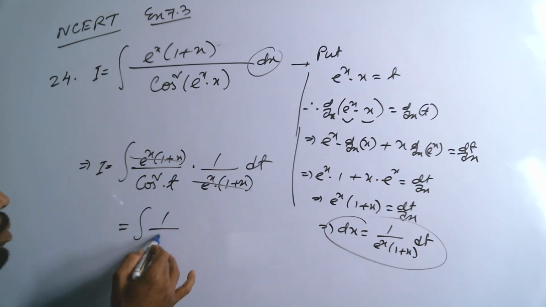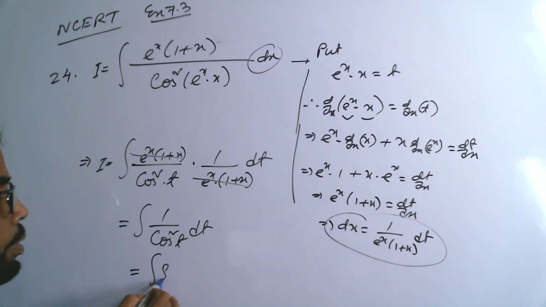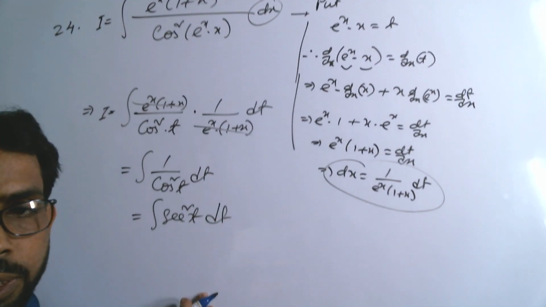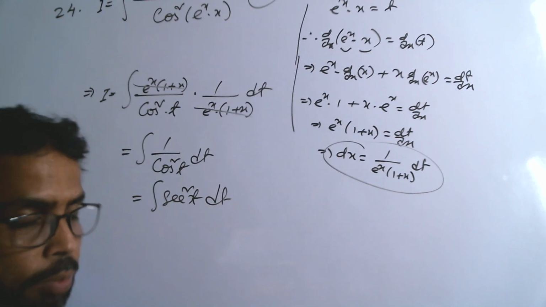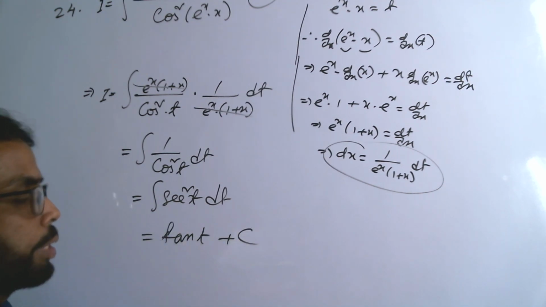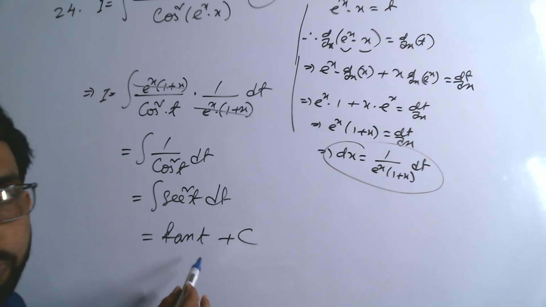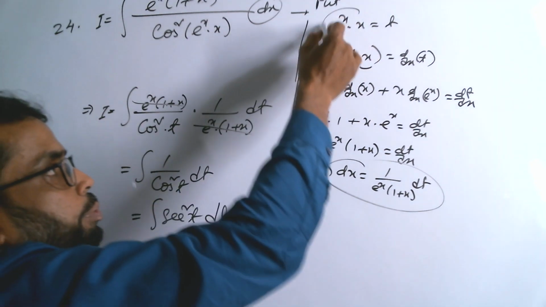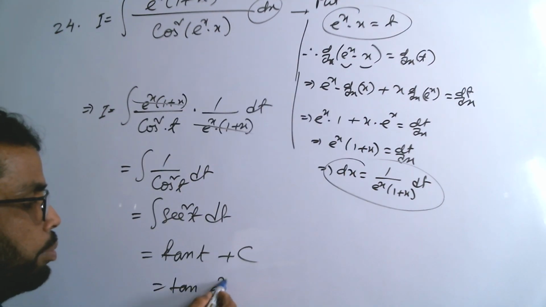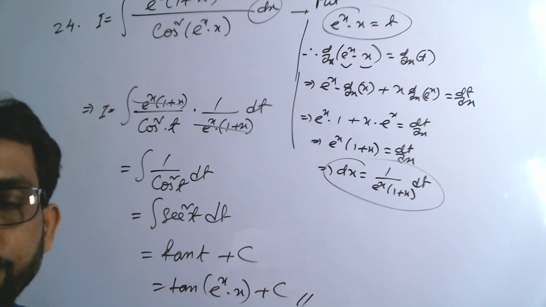It is remaining 1 by cos square t, and by identity, 1 by cos square is sec square. Integration of sec square, we have the basic formula, it is tan of t plus constant. The integration is done, and t must be replaced, and we took t as e power x into x. So it is tan of e power x into x plus constant. This is the solution.